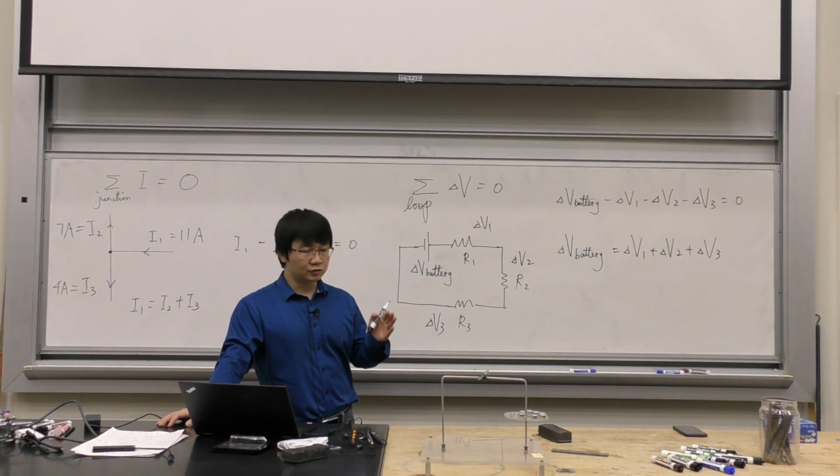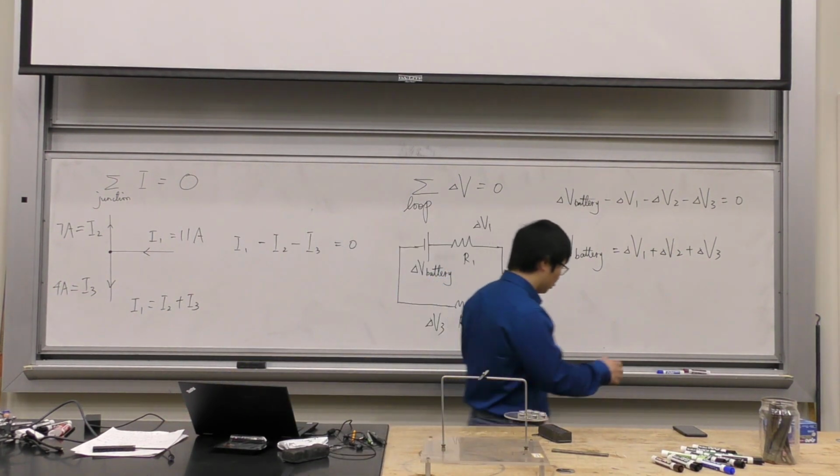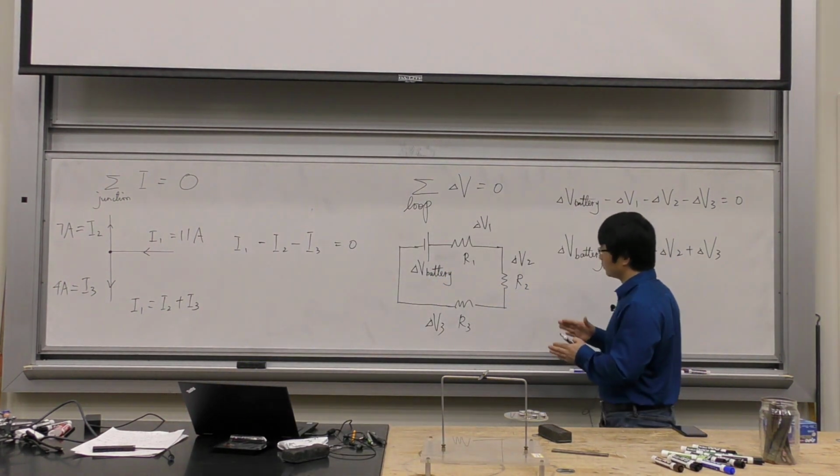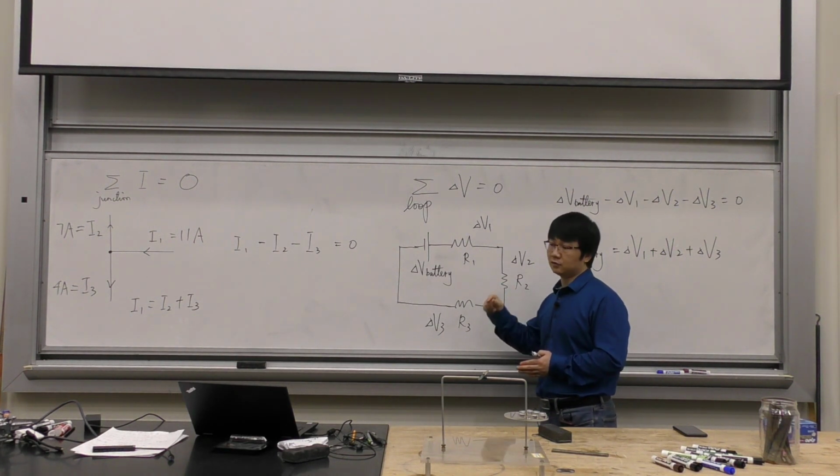You start with any point you like, and you travel in any direction you like. But you're going to make sure that when you're traveling, you write down the voltage of every element you see in this loop until you come back to where you started. Then you have completed this loop, and you put a 0 on the right.